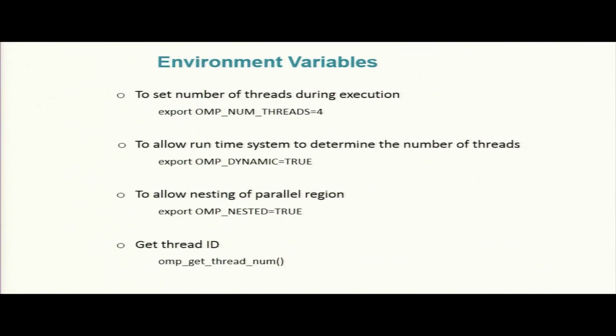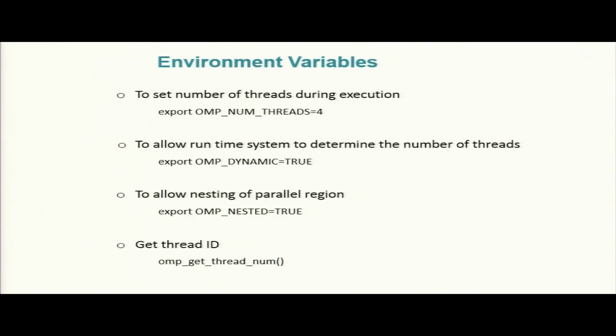If the OS is not able to provide them, my code will not run. It will give an error that we don't have that many threads. But if I set it to true, even if we are requesting, the OS can bypass it and provide a lesser number of threads.